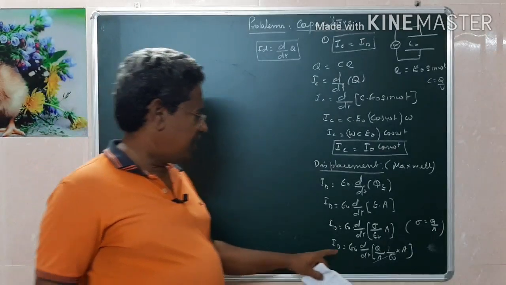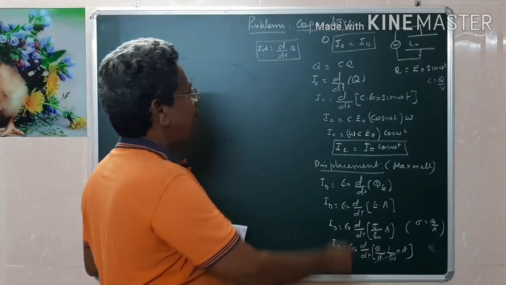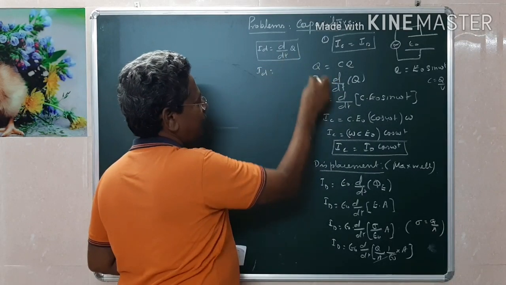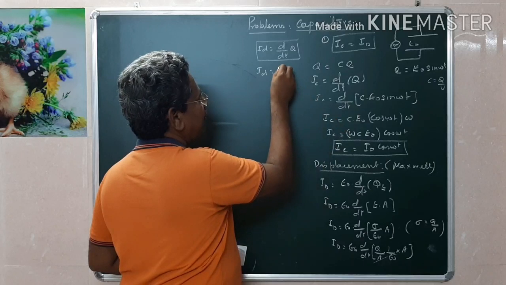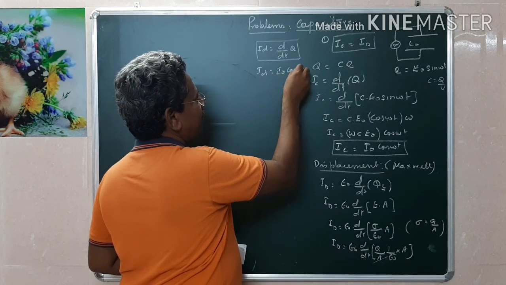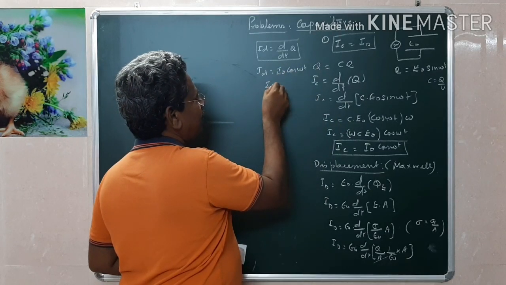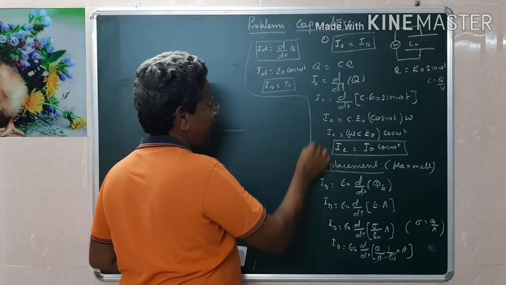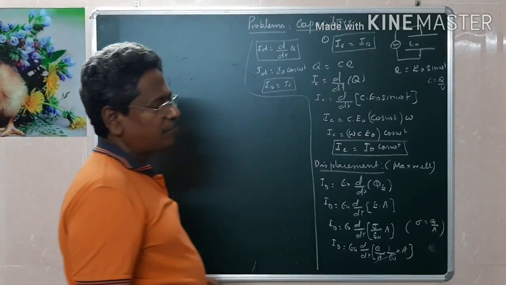Once it comes as ID is equal to dQ by dt, we already know that dQ by dt is this one. Therefore, ID is also equal to dQ by dt, equal to I0 cos omega t. So we can prove that the displacement current is equal to IC. This is another important, very simple concept, but you have to understand.